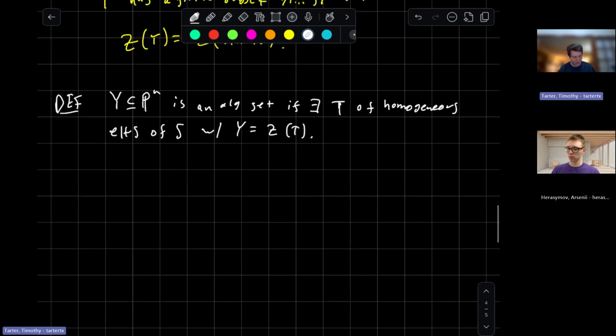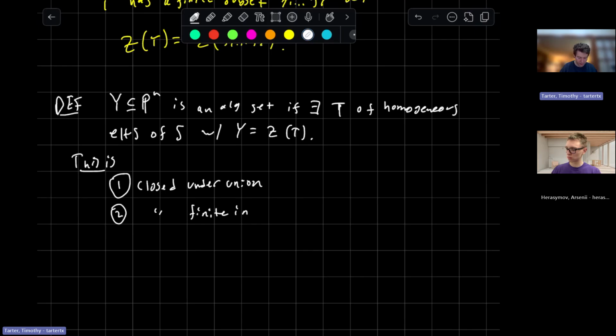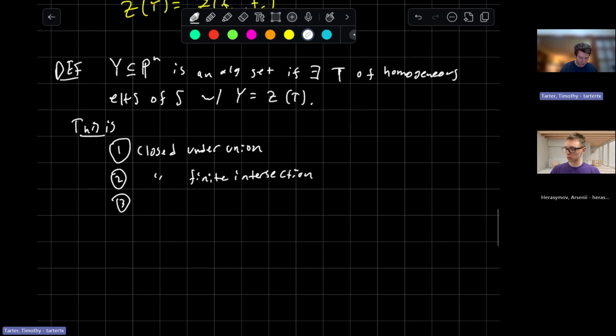And again, this forms a topology. So I'm going to say this is one, closed under union, two, closed under finite intersection, and three, the empty set and Pn are algebraic sets.